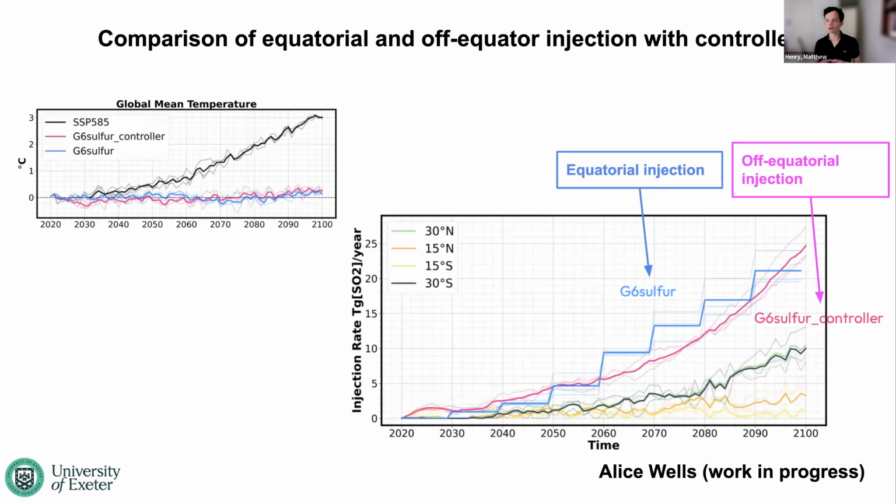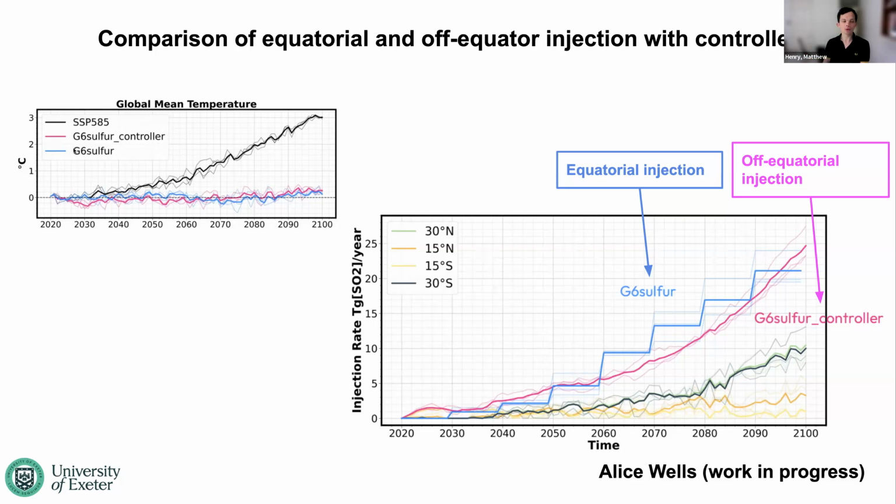So just to talk about the benefits of injecting at 4 different locations and off the equator, I will show some work from Alice Wells, where it's the same scenario, going from SSP 585, which is the black line here, to SSP 245, which is set to 0 here. And they did it in 2 ways.